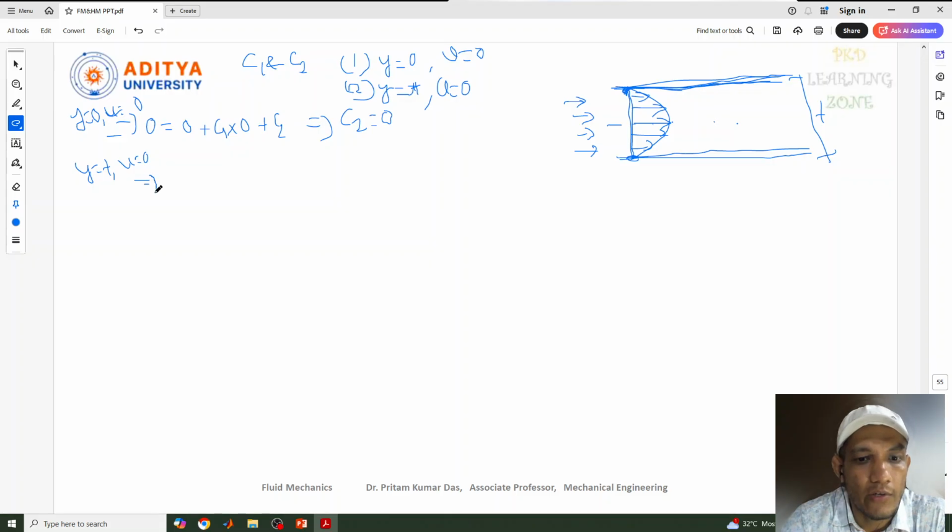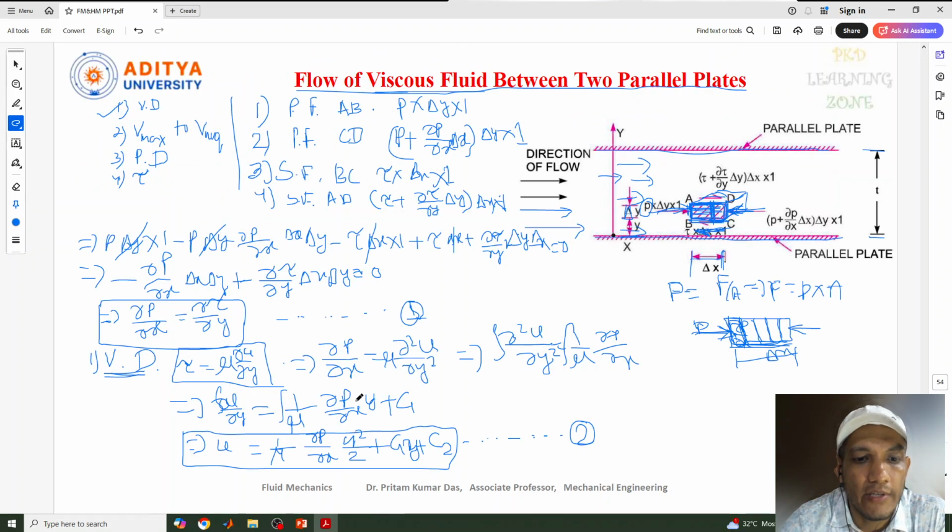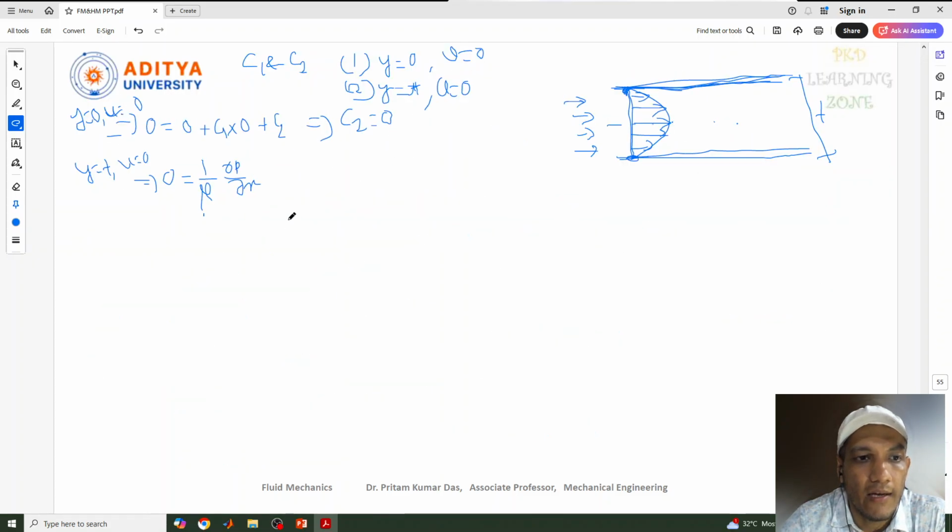So again that equation will be here 0 and 1 by mu, and we can write del p by del x, because if you see the equation, y square by 2 is there. So now y equal to t, so that's why you can write t square by 2 and plus c1 t plus the value c2 equal to 0 you can consider here.